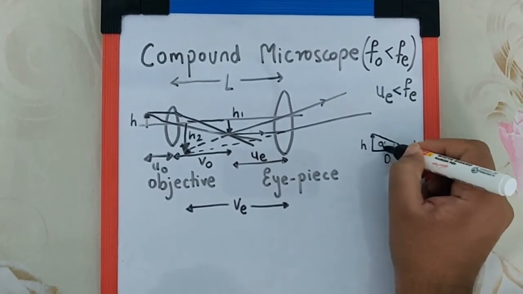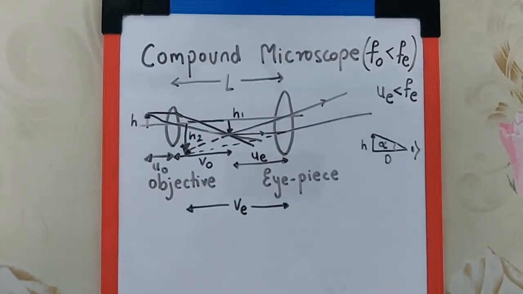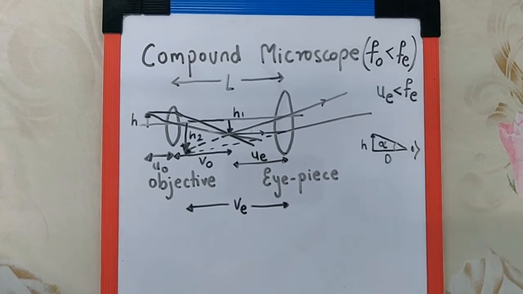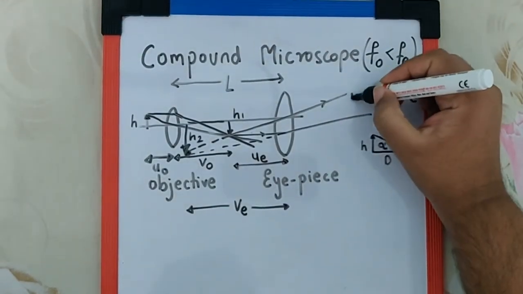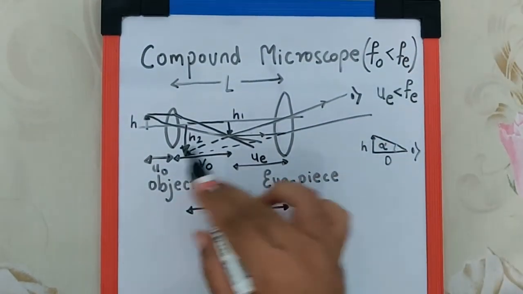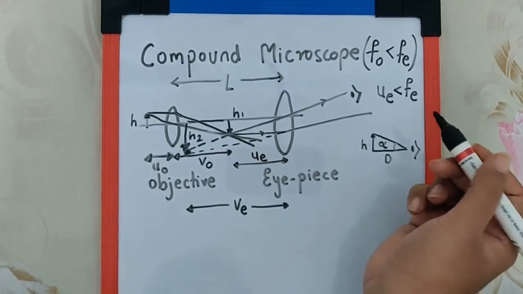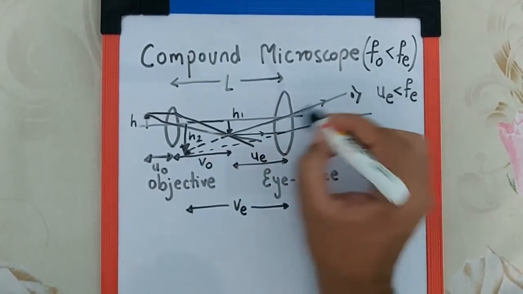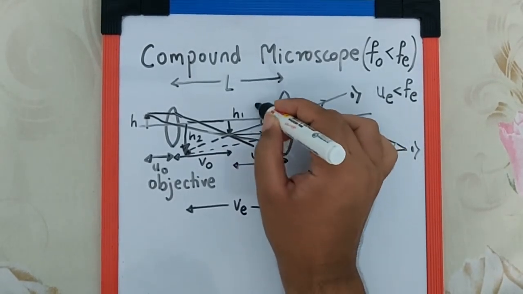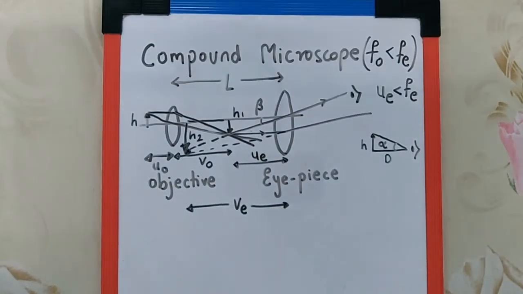We call that angle alpha, the visual angle. At the same time, if we are seeing the magnified image through the optical instrument, which is the compound microscope, the image ray makes an angle beta with the principal axis.